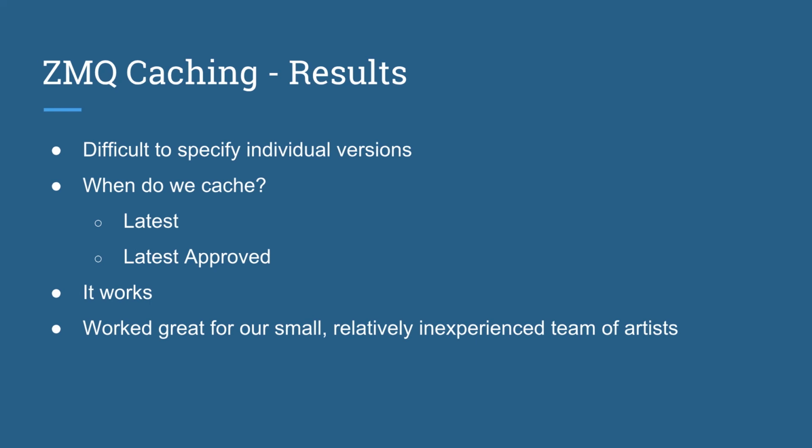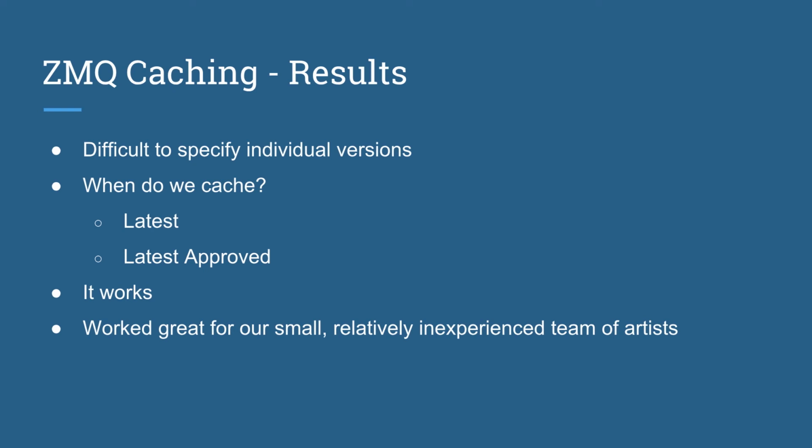Our initial results again were really positive. We did find that it was difficult to specify individual versions, and moving on from that was when do we cache things, and the idea of a latest asset or an approved asset or a latest approved asset. We had a lot of mentorship from our leads on this at this point, but we decided as a whole that for us it was better to have a latest approved asset, so that the assets were more being pushed down the pipeline.